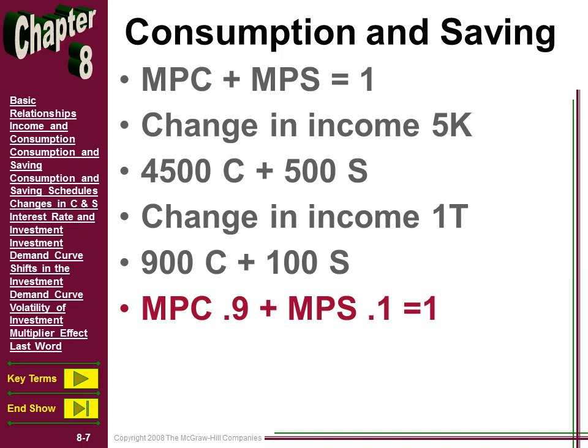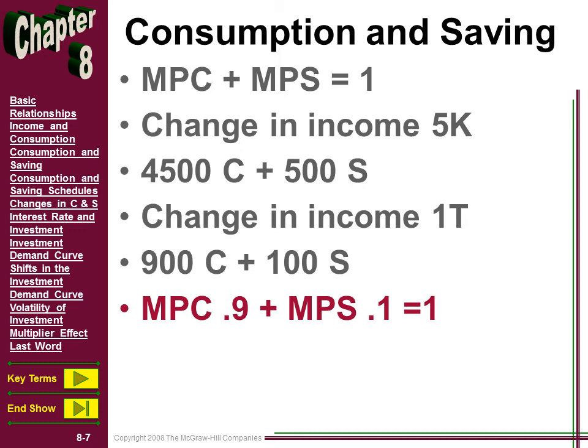When you added those two together, the APC plus the APS, they came out to 1. The same is going to hold true here for the marginal propensity to consume plus the marginal propensity to save. In other words, whatever your given change in income is, you're either going to spend some of that and save the rest, or vice versa, right? So let's go over some real numbers here that will help clarify this idea.